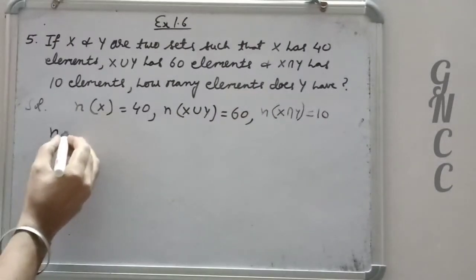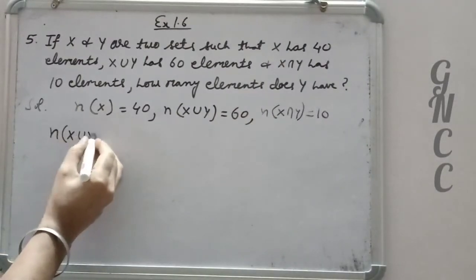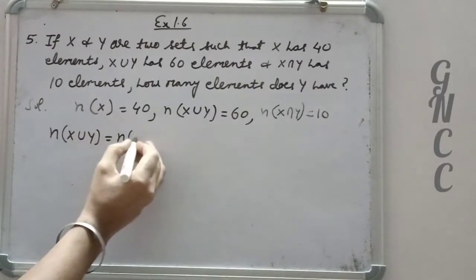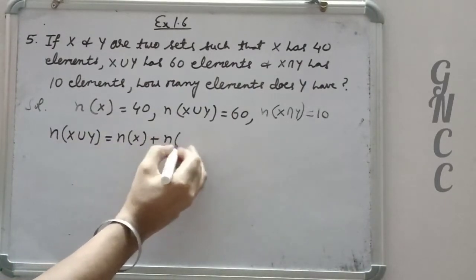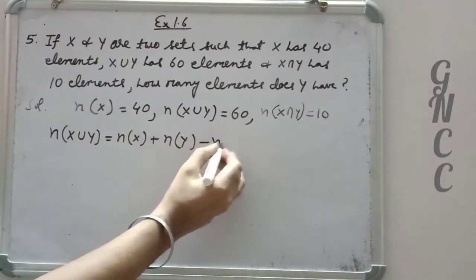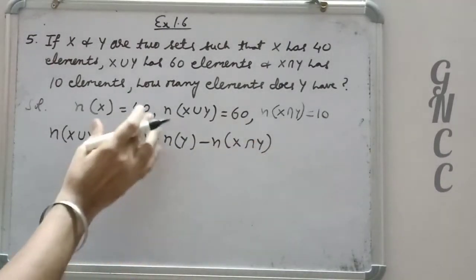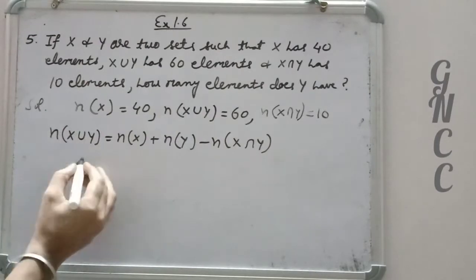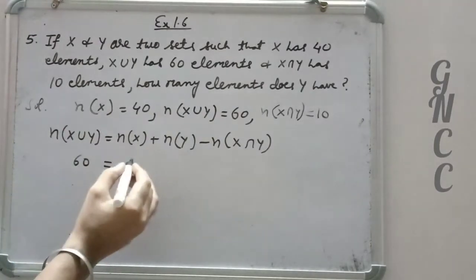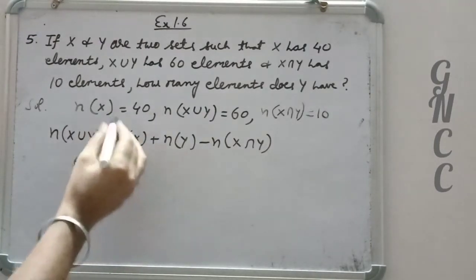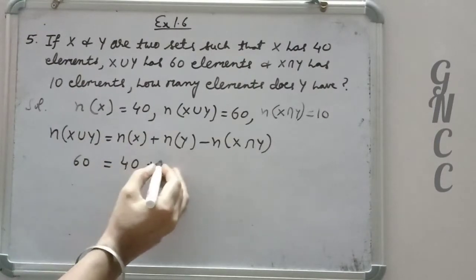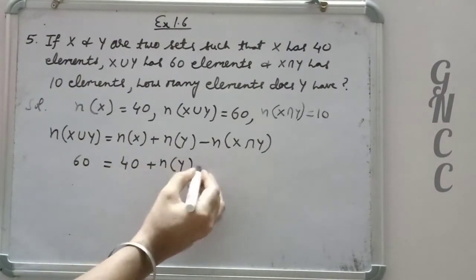Again same formula, n(X union Y) equal to n(X) plus n(Y) minus n(X intersection Y). Put these values. This is 60, and X is 40, and Y we have to find.